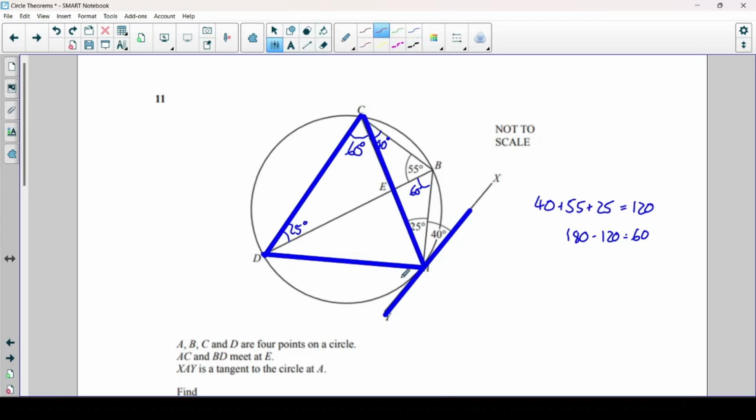I'm trying to find this angle here, so let's draw a Z shape which kind of includes it. And it's not this one that's equal to this one, it's this one over here. So that means that YAD is equal to 60 degrees, the same as that one at the top up there. So that one is also 60.